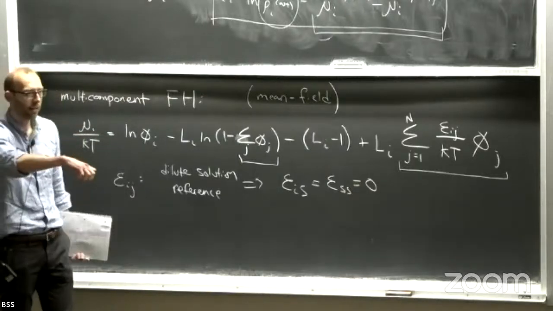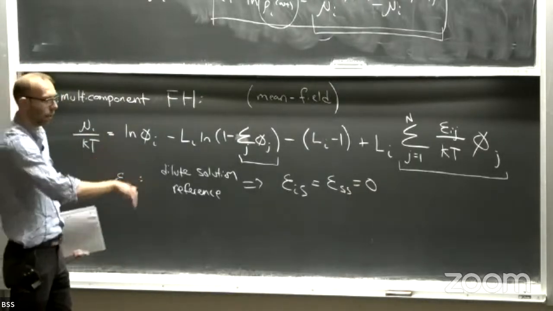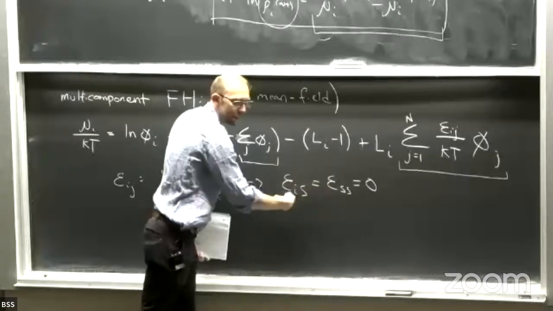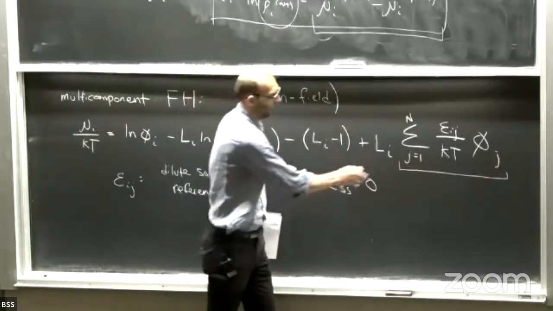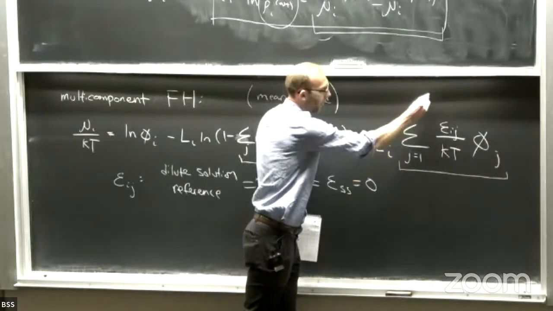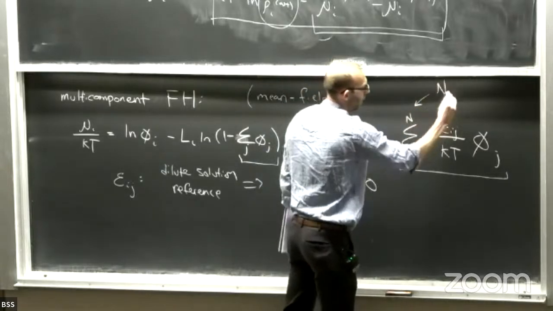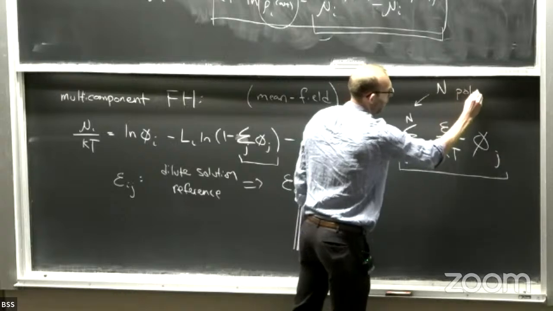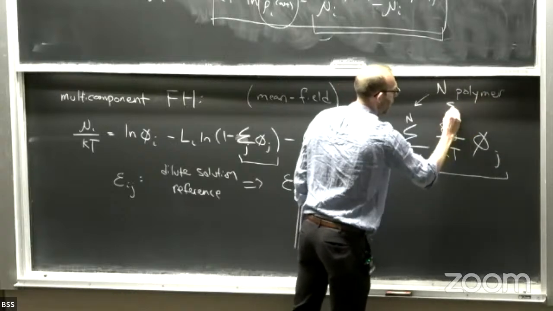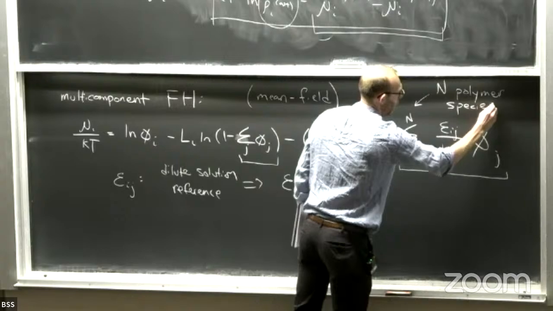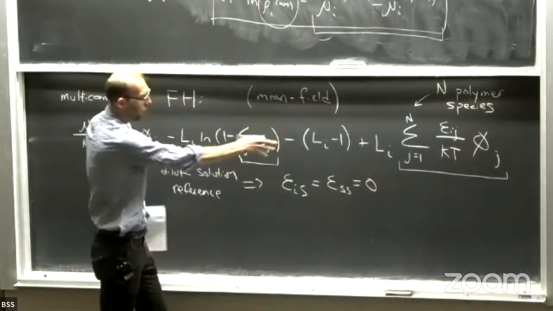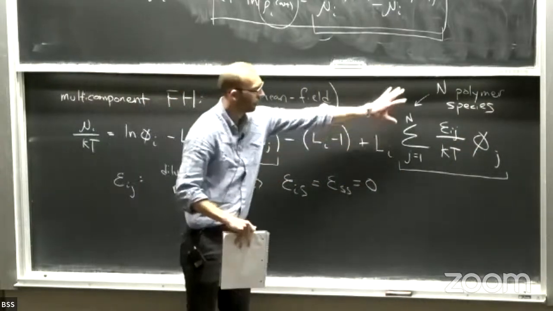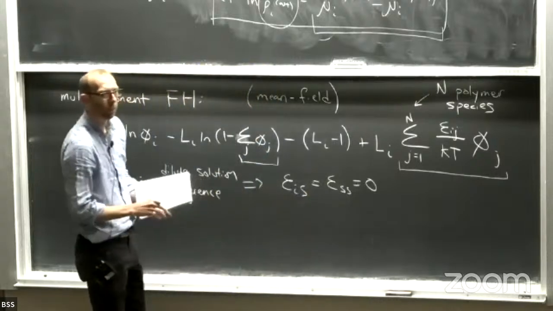So we say we have an isolated polymer and solvent, and we call that the zero energy. Then we only need to sum here over polymer species. There's no solvent in this, just the polymer species.